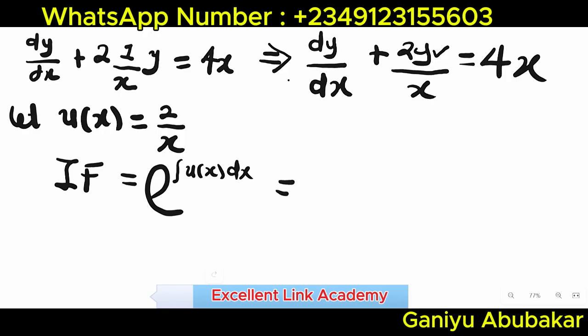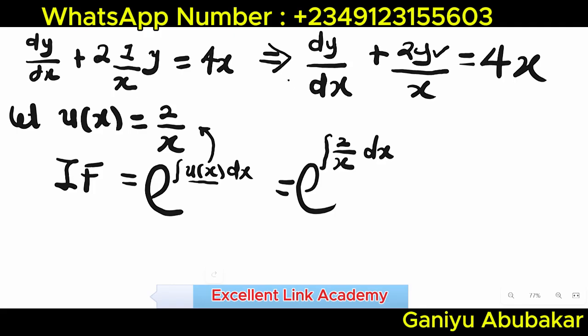Now, the integrating factor will be equal to exponential of the integral of my u of x, which is 2 over x, with respect to x. I'll try to integrate this 2 over x with respect to x.